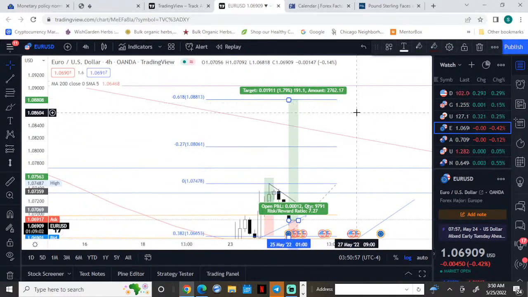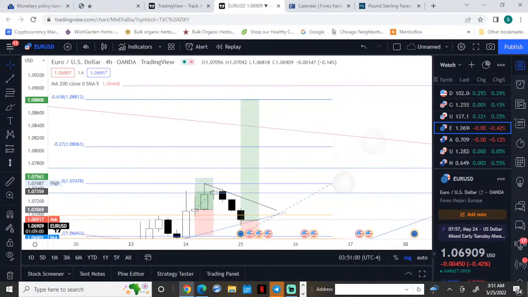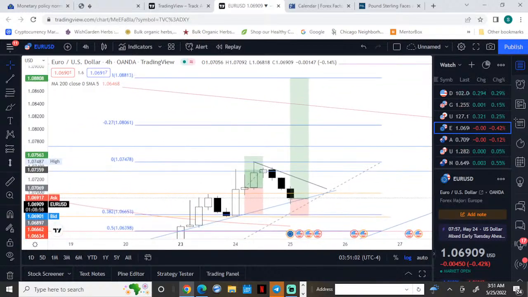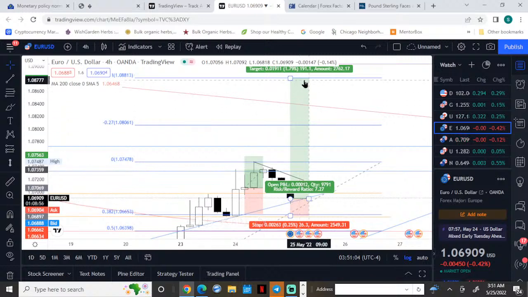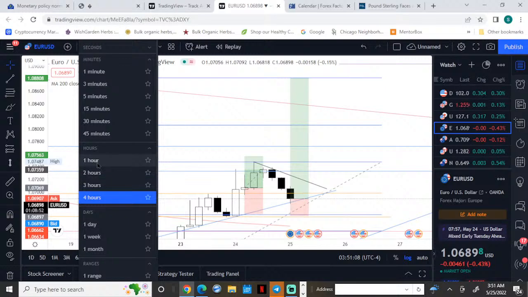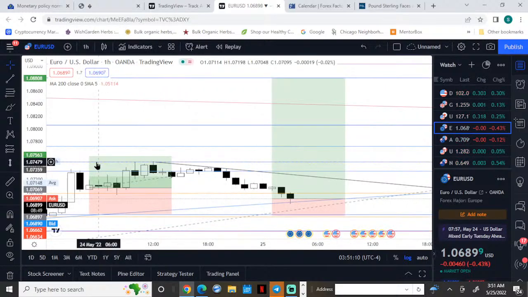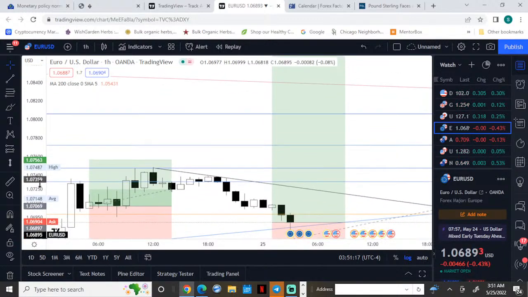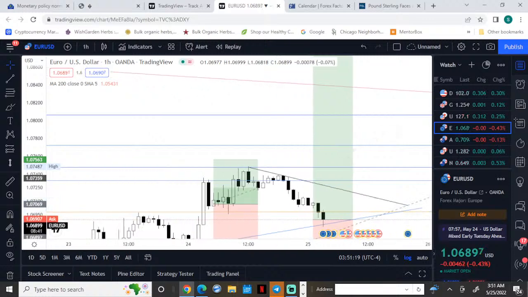The 618 would be TP3. As price continues up, move your stop loss, because we are expecting the dollar to continue its buy. It is close to the 50% on the daily.